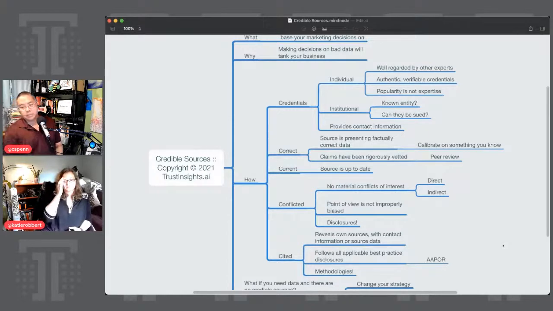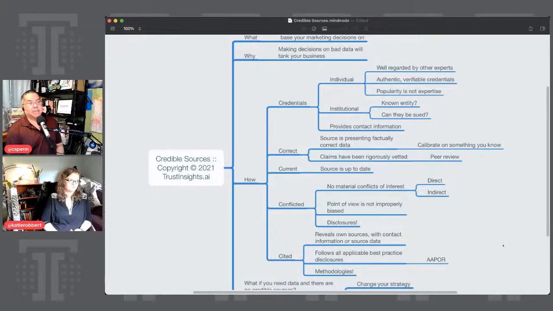Exactly. And the last category is citation, which is a fancy way of saying the ingredients, like where did this stuff come from? And that, to your point, Katie, is exactly right. The methodology statement. Where did you get the data from? There are any number of studies out there that will say, "Hey, here's what we found." Well, great. Where did you get that data from? I'm doing stuff right now with a survey for my mailing list.